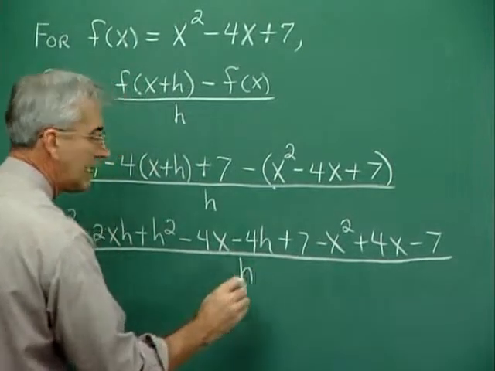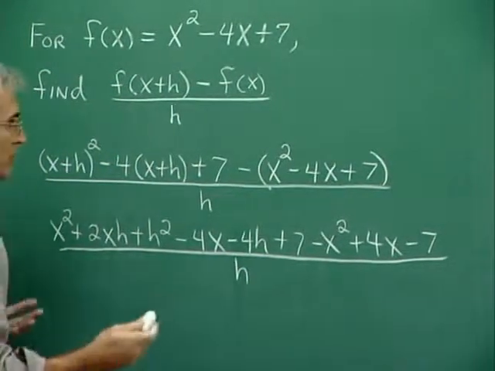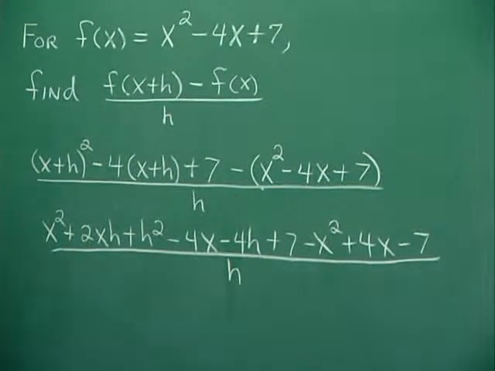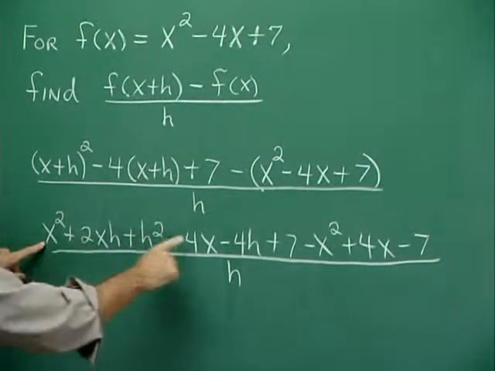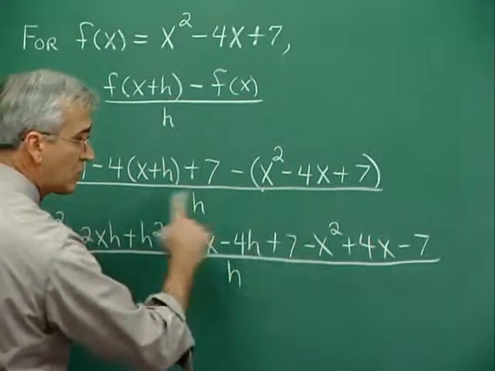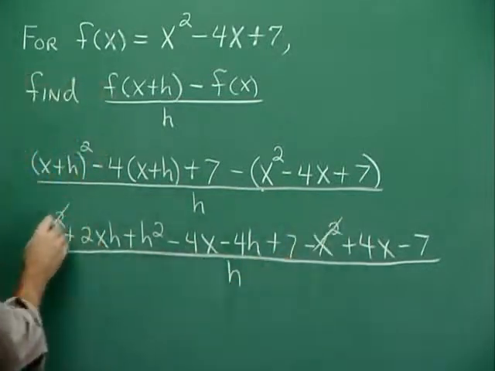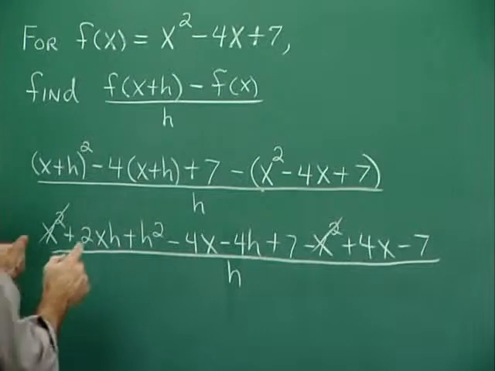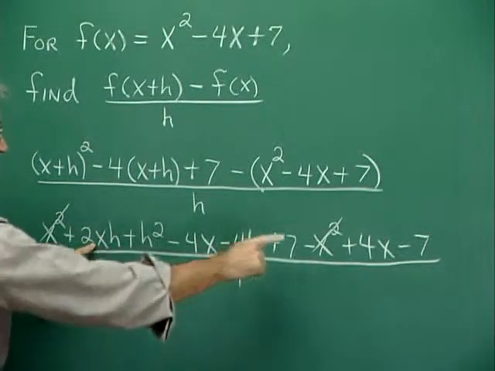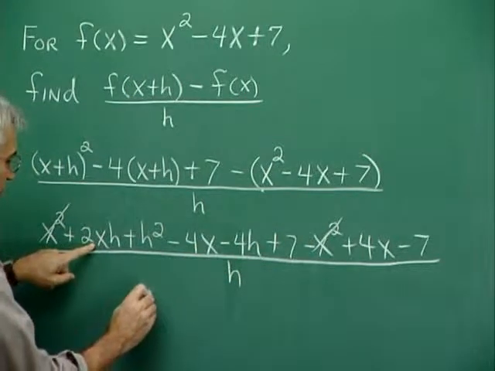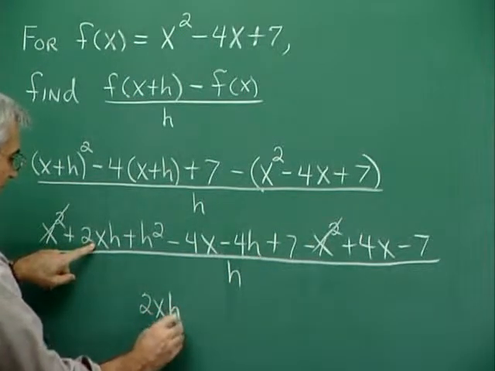Now, typically, some very nice things happen algebraically here in evaluating difference quotients. For example, I have an x squared here, and I have an x squared here. So I have x squared minus x squared. Those go out. And then I have 2xh and no other xh's, so I have 2xh left in the numerator.